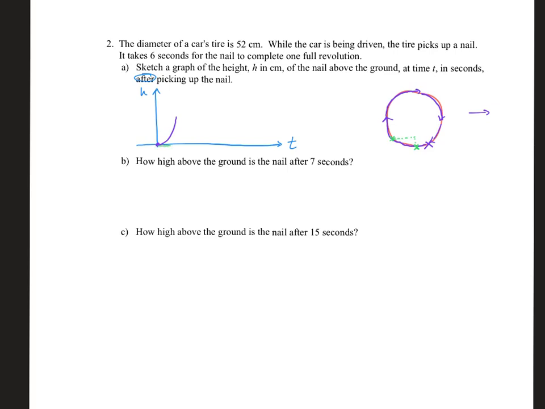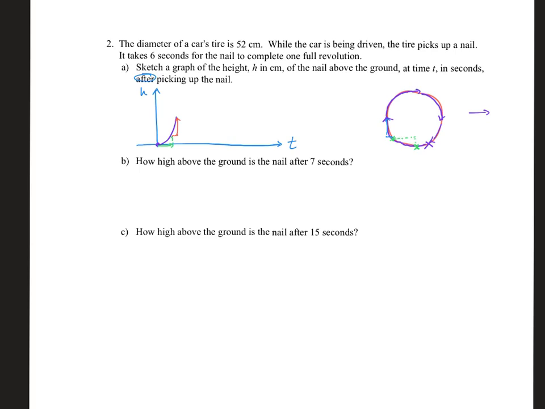So it takes me a little bit of time to get there for a tiny rise. As I start to get closer to the side of the tire, now only a little time has to go by to get a lot of rise. And so only a little bit of time gets me a lot of increase in height. And so we'll see that we have that curvature to that graph.